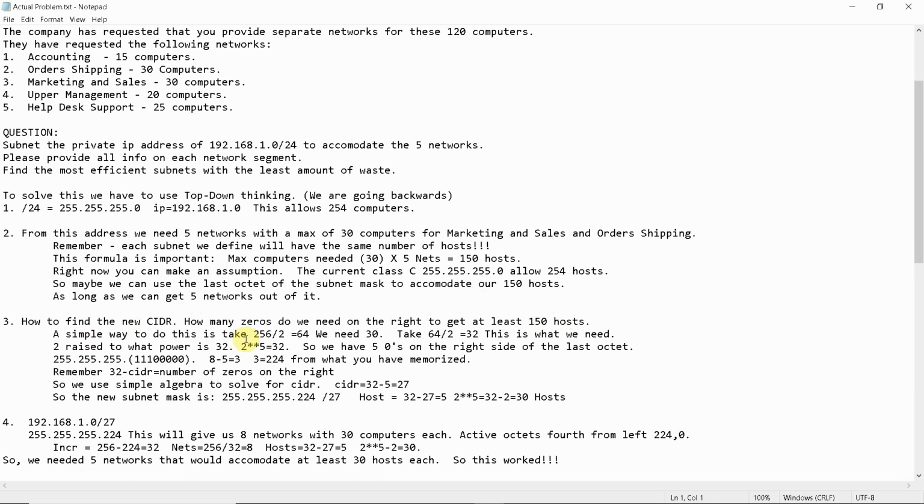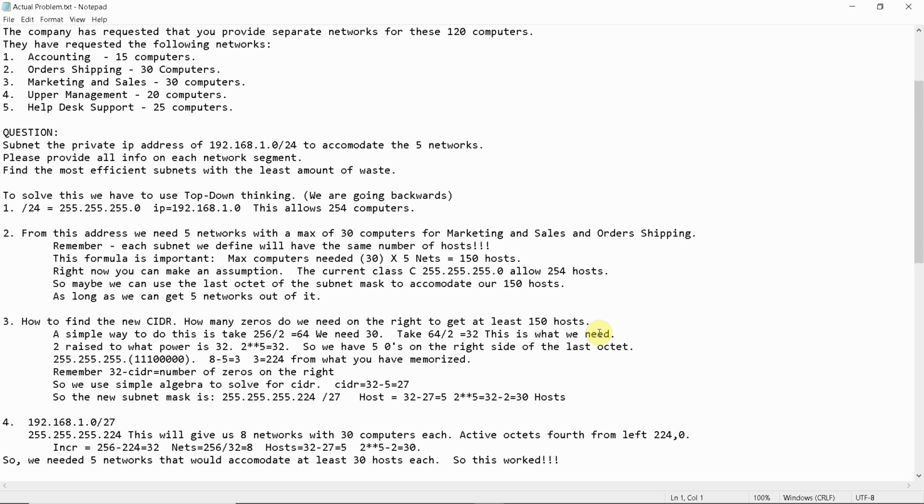A simple way to do this is to take 256 divided by 2 equals 128, then 64. We need 30, so let's just do it again. Take 64 divided by 2 equals 32. This is what we need.